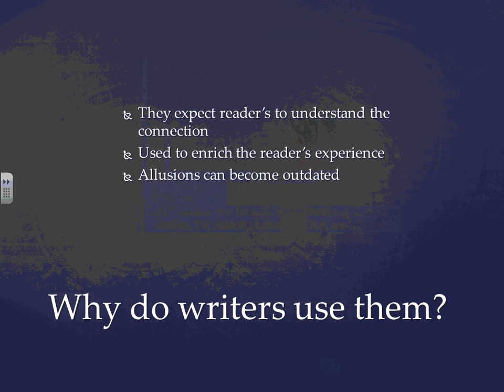So why do writers use allusions? They expect you, when you read their work, to know what they're talking about. There is their assumption that you will understand the connection and how it relates to what they wrote, or to their character, or to the setting, or to the scene, or what have you. They hope that it will enrich your reader's experience.